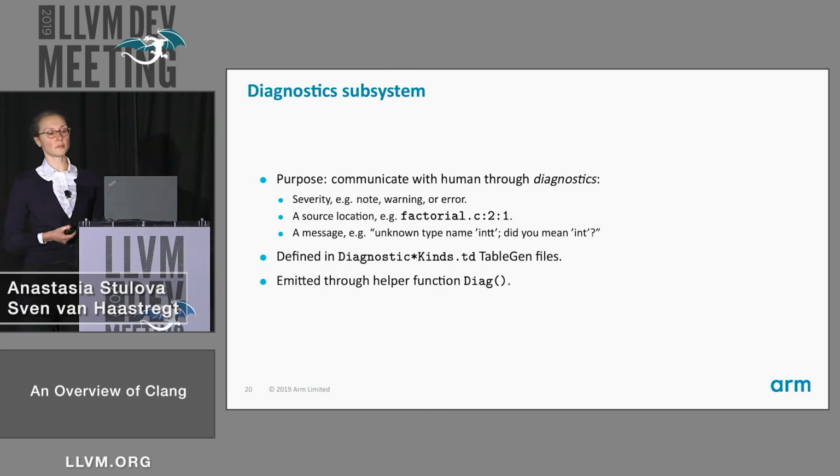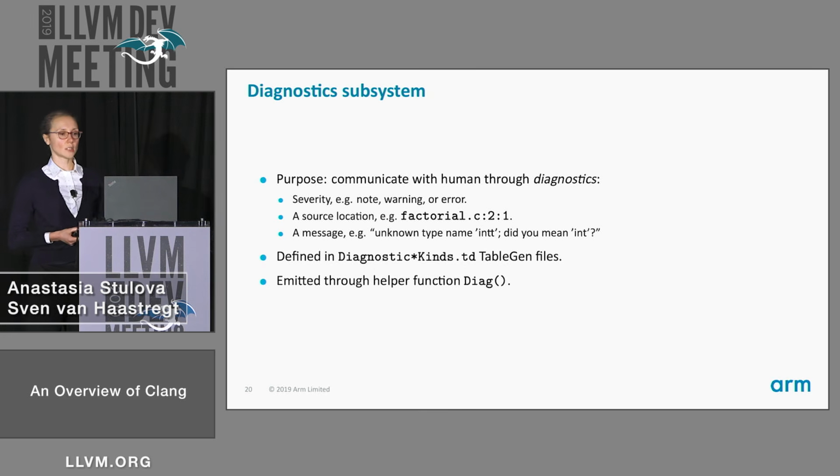Very important is to give the precise source location, because that will help the developer understand where to fix the issue. And I think one of the biggest arts for a front-end developer is to provide a very concise but informative diagnostic message. That's often not that easy to do.